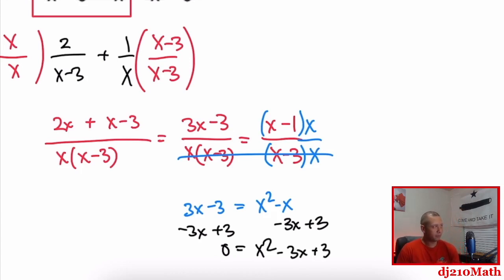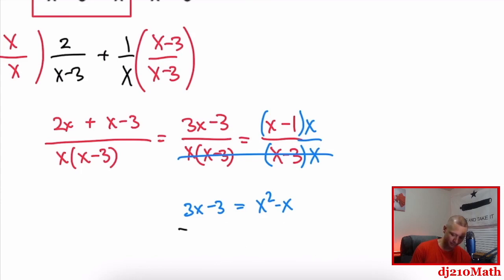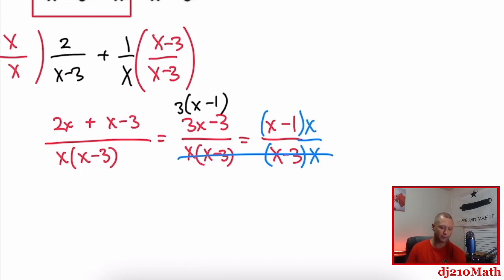Two numbers that multiply to make 3 that add up to 3. Nothing. Hold on, I'm thinking. So let's back up. I do notice that we can factor out a 3, x minus 1.